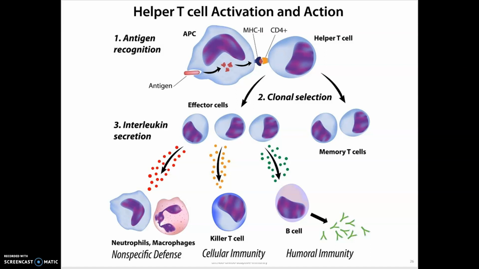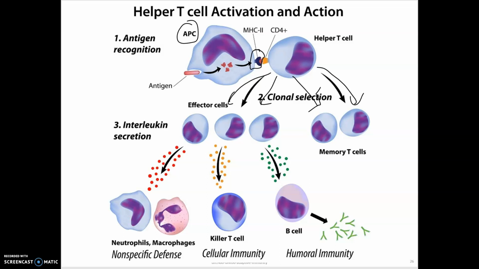So here's an overall look at the cell-mediated immune response. We have our antigen presenting cell here. So it has ingested an antigen, and then it shows it using its major histocompatibility complex, the MHC. And that MHC is recognized by a T helper cell. The T helper cell goes through a bunch of cloning, so it starts to produce a whole pile of new cells.